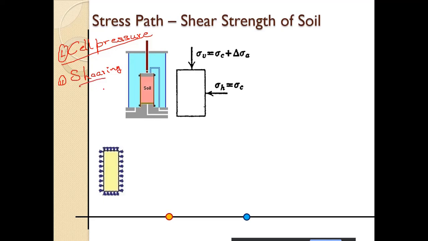Shearing can occur again in two cases: undrained and drained. If it is undrained, there is no volume change and there is a development of pore water pressure, which either increases or decreases. If there is drained shearing, then the volume either increases or decreases depending on whether the soil is overconsolidated or normally consolidated.